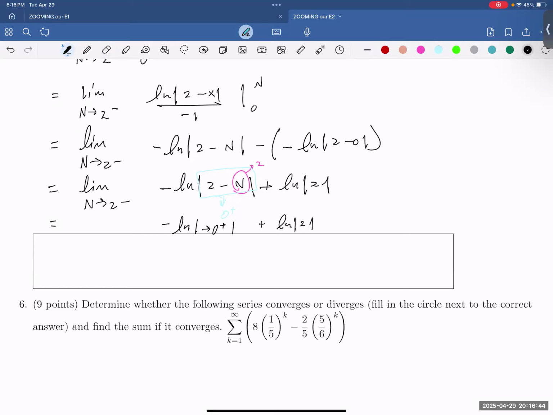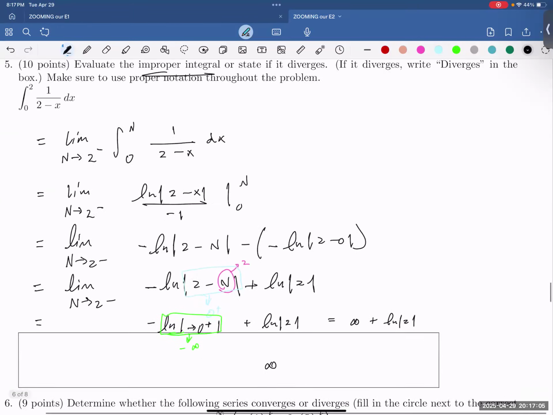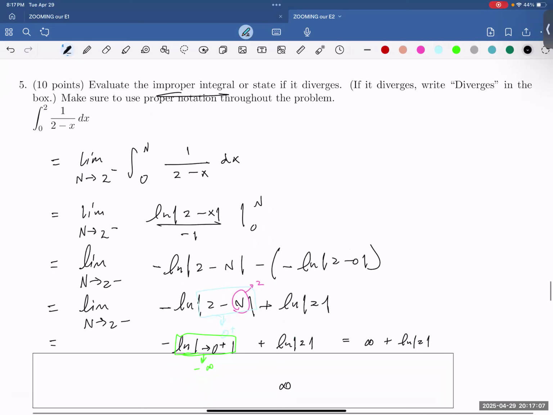If you approach 0 from the right with natural log, this stuff goes to negative infinity. And then we have this negative on the outside. So that's plus infinity. We have infinity plus natural log 2. We should get infinity. The question says evaluate or state that it diverges. So it diverges.